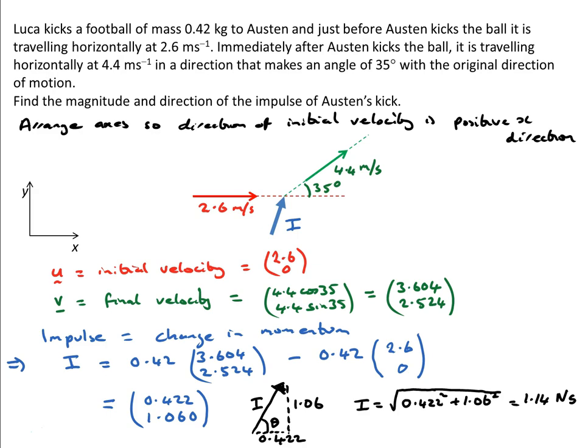And the direction of this impulse: the impulse is making an angle theta with the x direction, where tan theta is 1.06 divided by 0.422. So theta is the inverse tan of 1.06 divided by 0.422, which is 68.3 degrees.